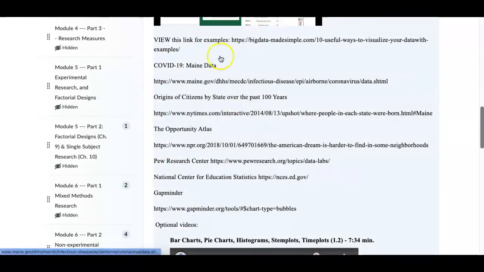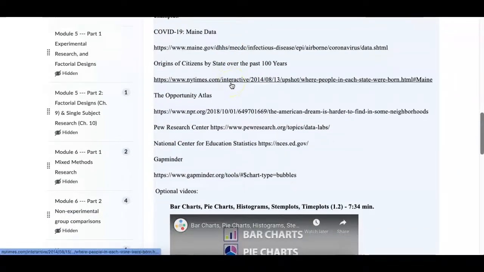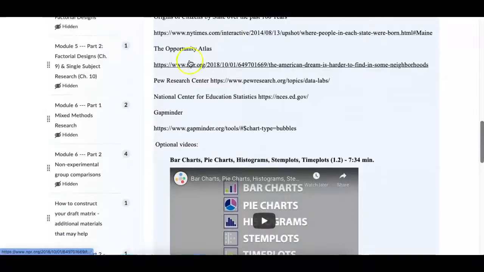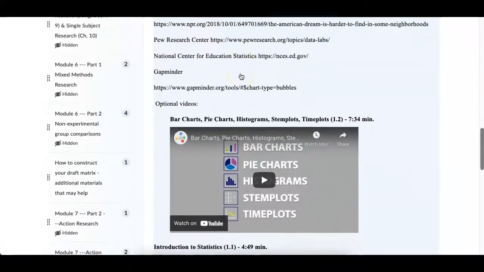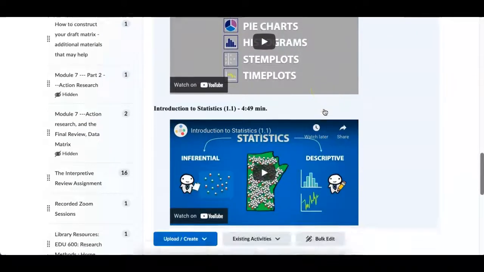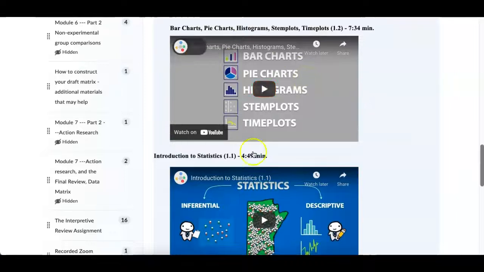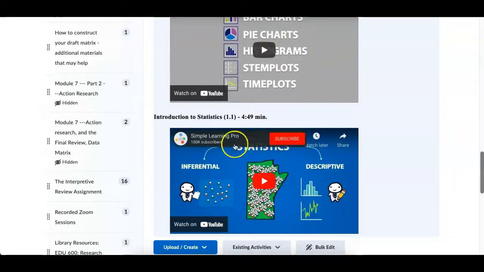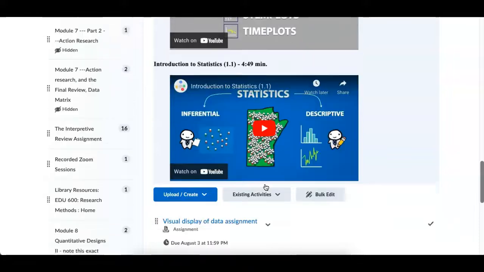I'd encourage you to take a look at some of these, and I'll show you in a minute where that is applicable to the assignment. And then, once again, a couple other things in here: one on pie charts, histograms, stem plots, time plots, and then an introduction to statistics. We have a few more statistical videos in part 3.